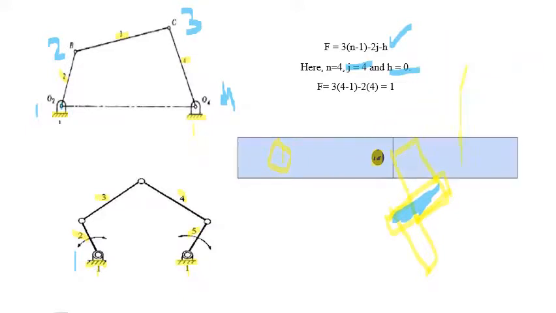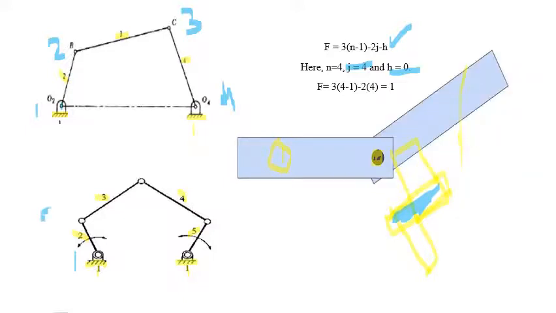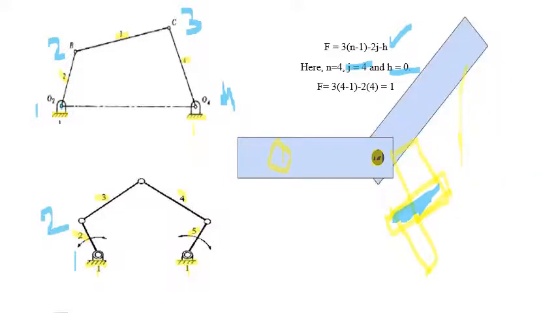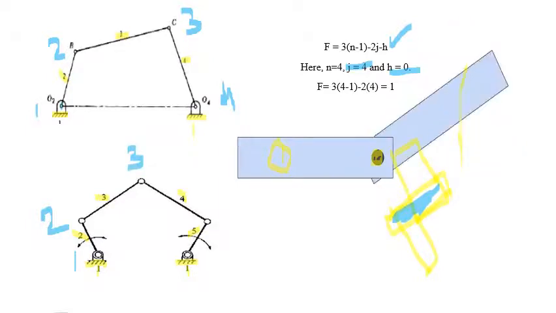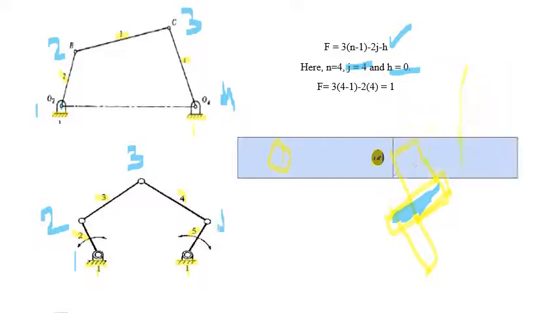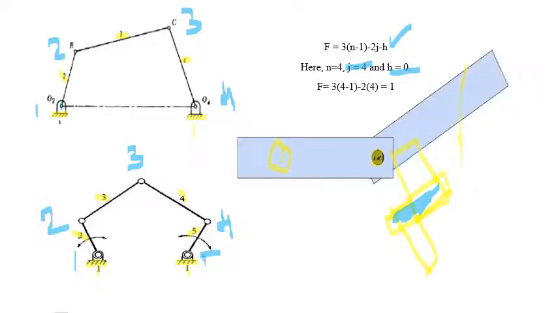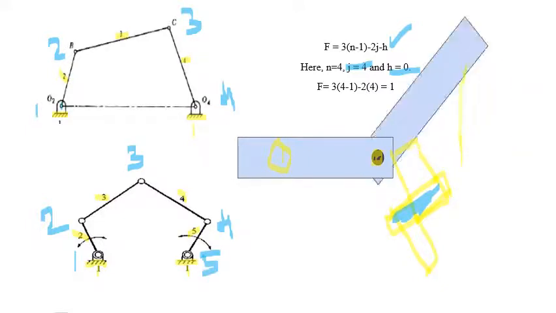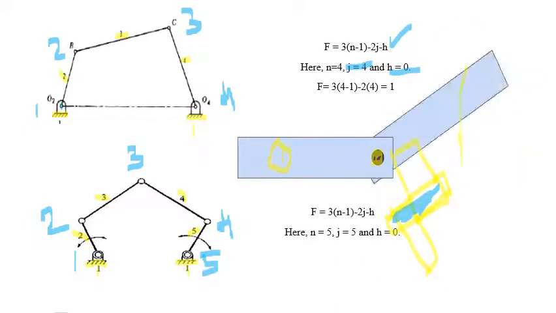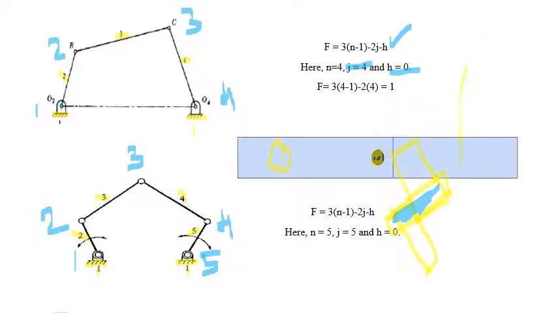Next, 2 and 3 are also connected through a pin, therefore this is the second pair. 3 and 4 is also a lower pair. Links 4 and 5 also have a lower pair. 5 and 1 is another lower pair. Therefore N is equal to 5 and J is equal to 5.